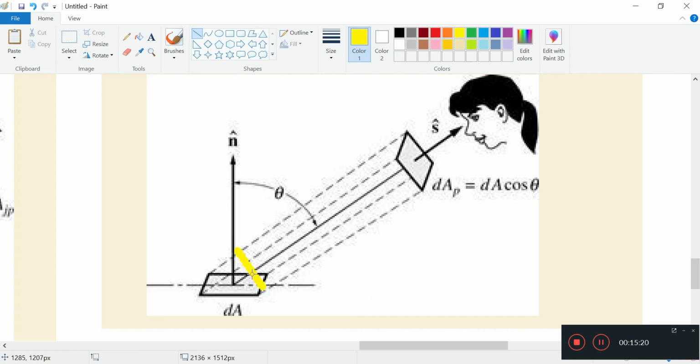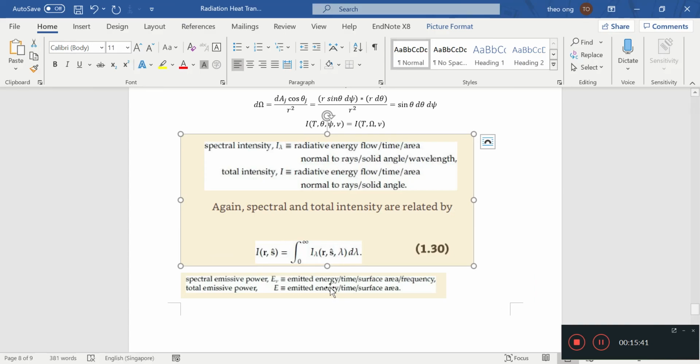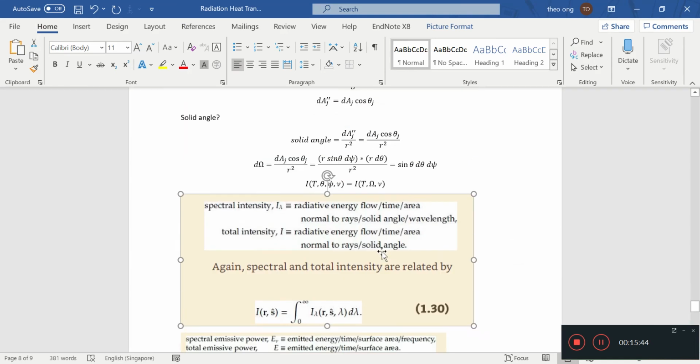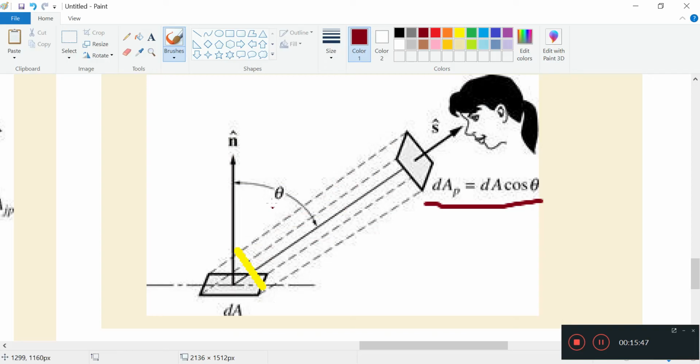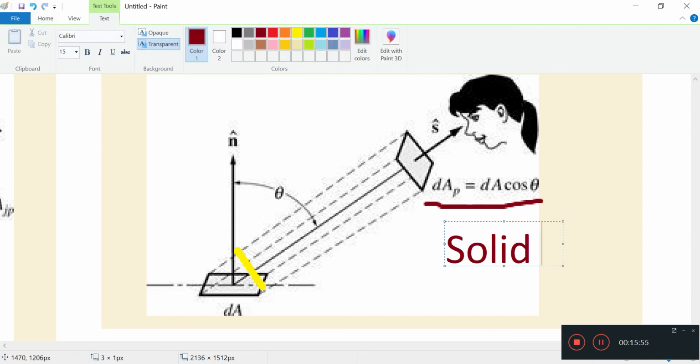So it's dA cosine theta. It's not this one, it is this one over here, not the one over there. This projected area will usually be quantified by the solid angle, and this will be quantified by area.